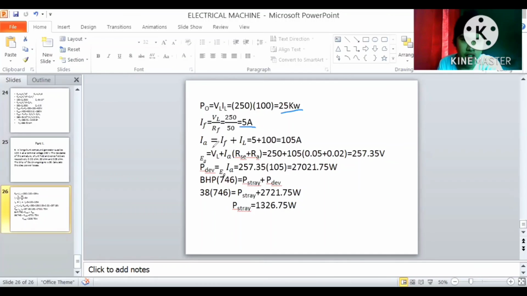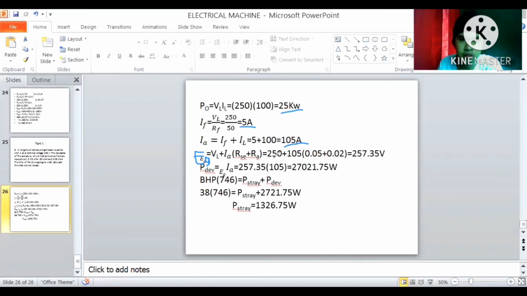So IA equals IF plus IL. IF is 5 plus IL is 100, so equals 105 amperes. So EG equals VL plus IA times RSE plus RA.